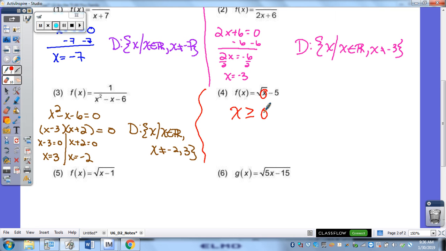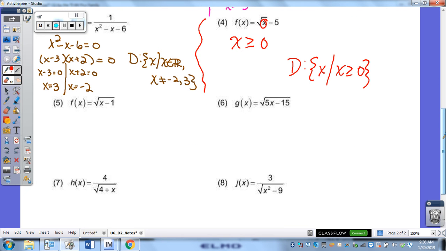And then you're supposed to solve, but there's nothing to solve because x is already on its own. So that is our domain. x is greater than or equal to 0. You don't have to write x is an element of the reals this time because the inequality tells you all the various values that it could be. Whereas before, when it was just that it can't be negative 3, you have to say it's everything else. So you got to have that there.